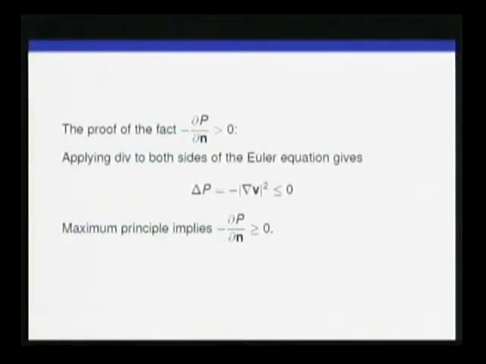Because this is curl-free, you get Laplace P plus gradient V squared equals 0. So Laplace P is negative gradient V squared, which is less than or equal to 0. Then you use the maximum principle, and you get P greater than or equal to 0, right? But you do have a lower bound with some further work. If I have time, I'm going to talk about the other proof.